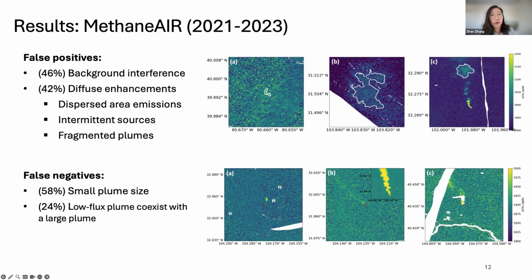In the top panel, figures B and C are two examples of diffuse enhancements. B here is probably area emissions, and C here is probably a fragmented plume.